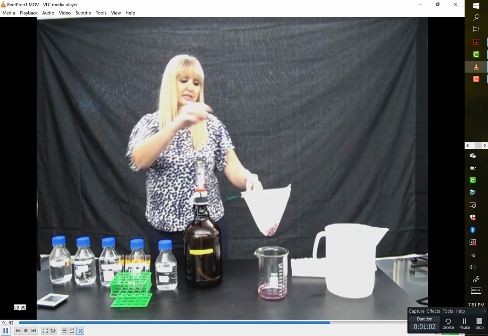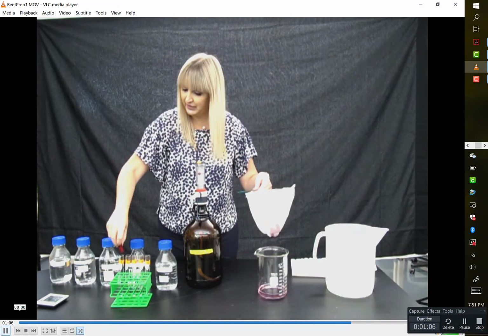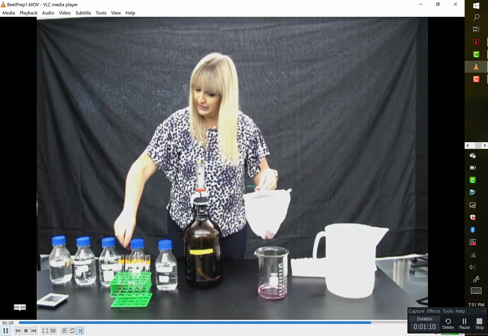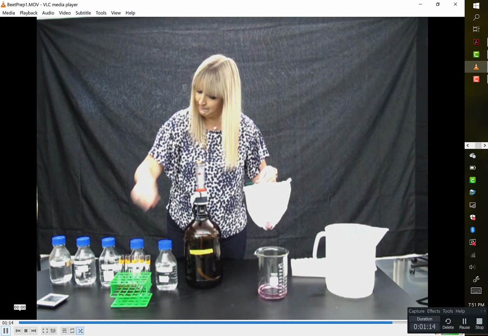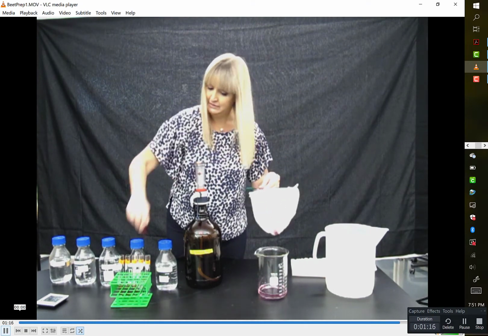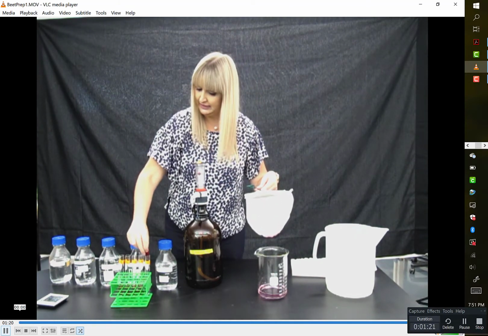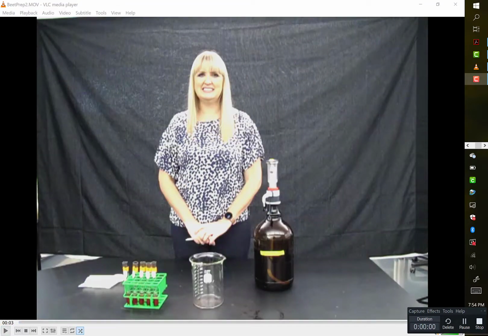And so now I'm going to take my beet core, and I'm going to add one to each test tube. So I'm going to add one to the pH 3, pH 5, 7, 9, and 11. And I'm going to let those sit for 5 minutes.